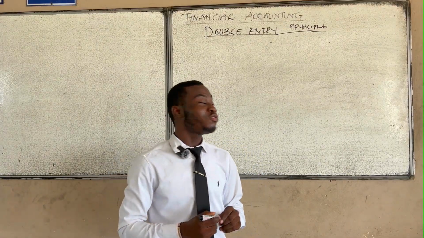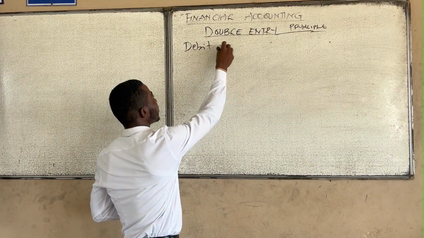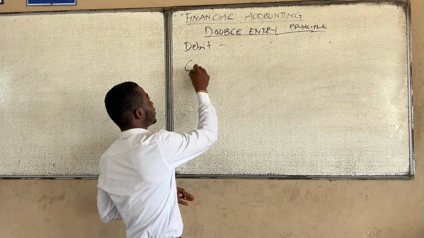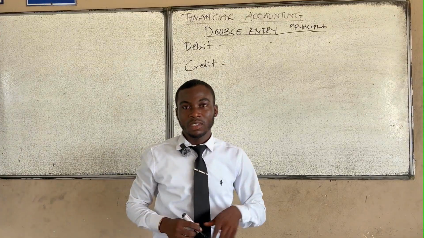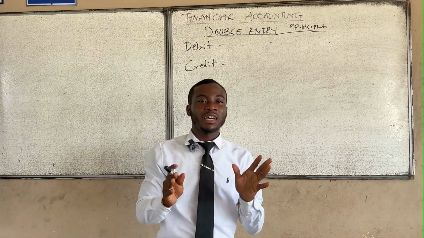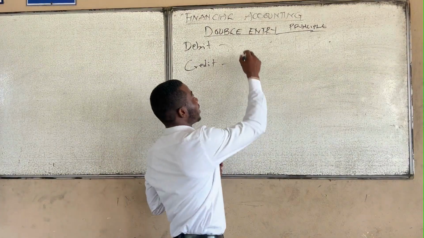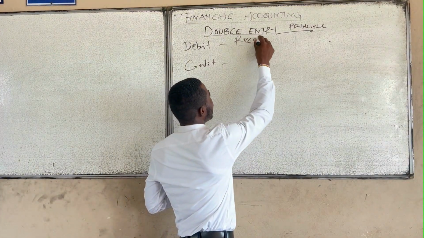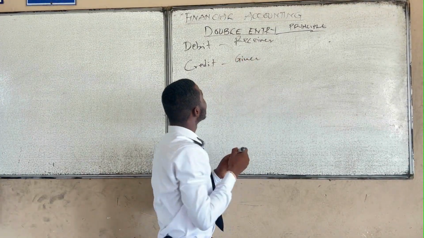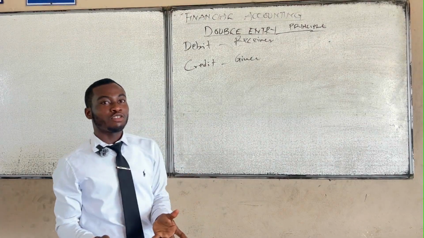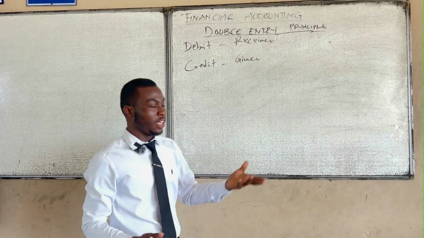Now, in the double entry principle, we have something called debit, then we have credit. In accounting, we have a term: we debit the receiver, then we credit the giver. When you have a transaction being recorded, you debit the one receiving and you credit the one giving.